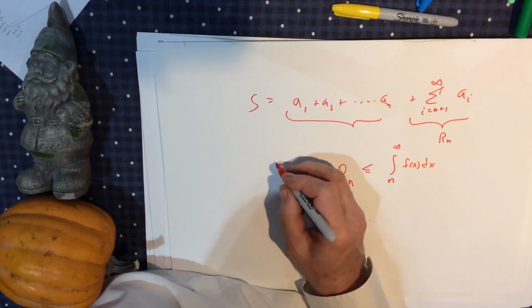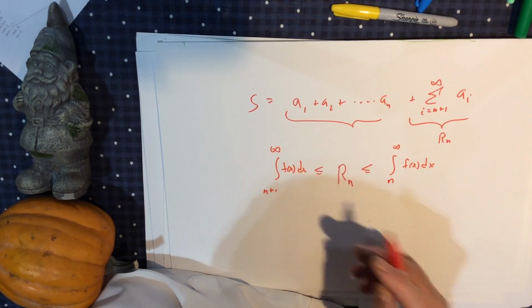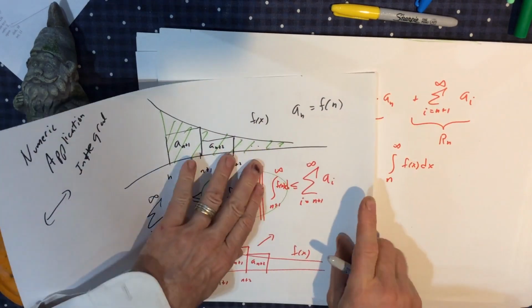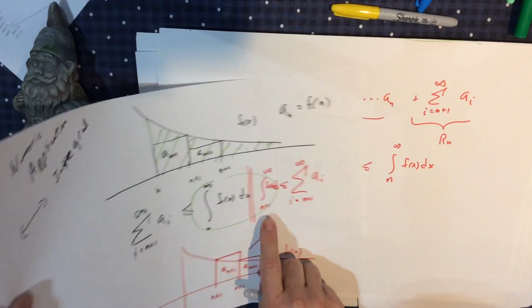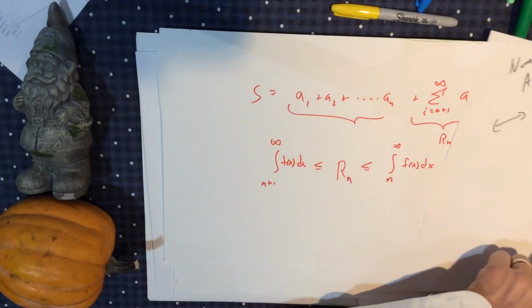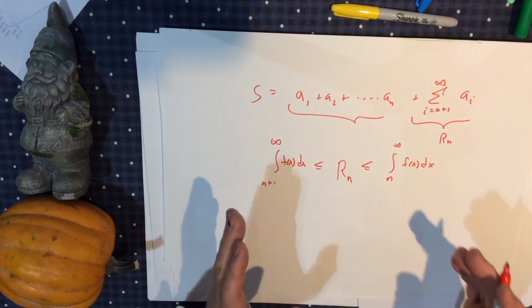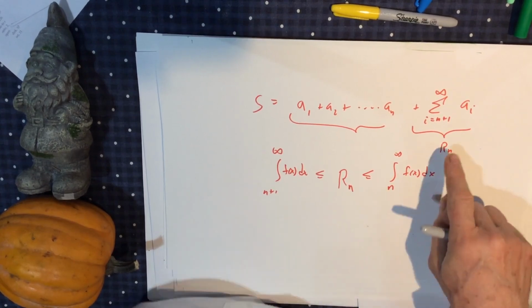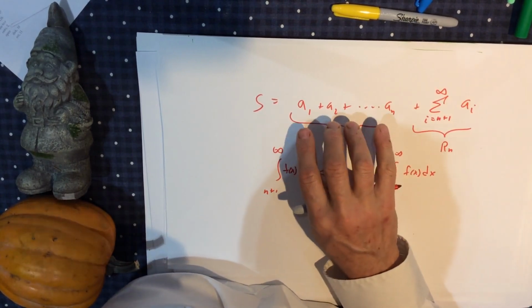But it was greater than or equal to our integral from n plus 1 to infinity of our f of x dx. Here it was. Our remainder was bigger than the n plus 1 integral, but our remainder was smaller than that integral. So this says something very interesting. It says we understand to a certain degree what's left. We can calculate this.